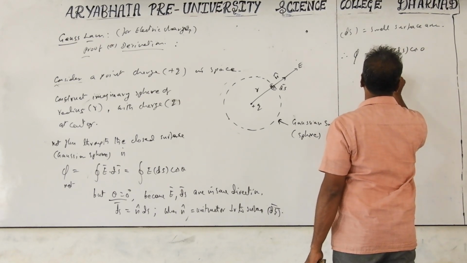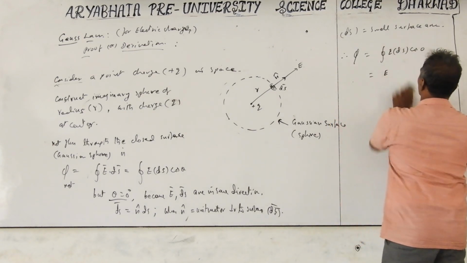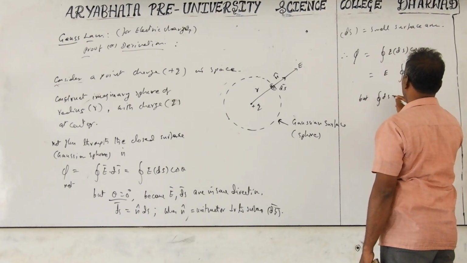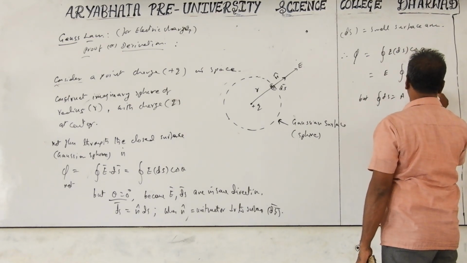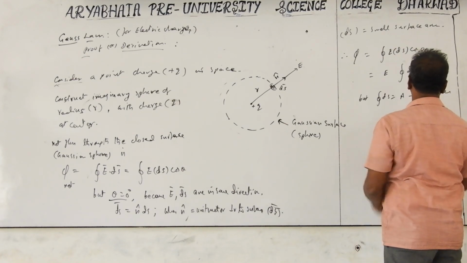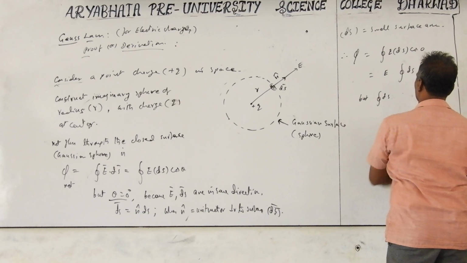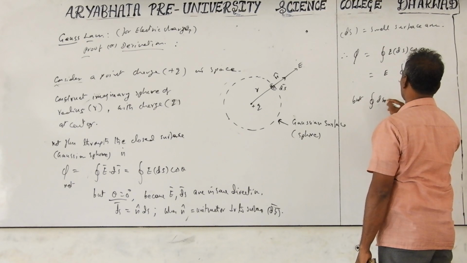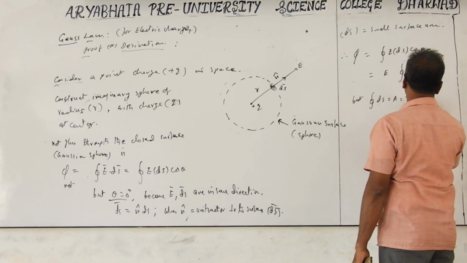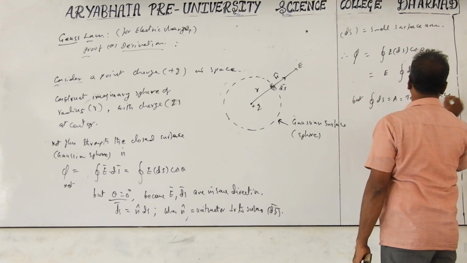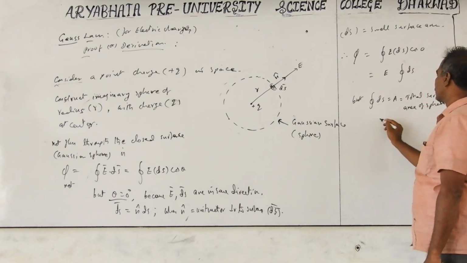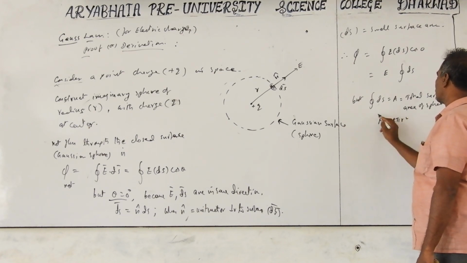Cos 0 is 1, and it is E into the closed integral of ds. But the closed integral of ds is A, that is the total area of the sphere. What is the total surface area of the sphere? A is equal to 4 pi r square.